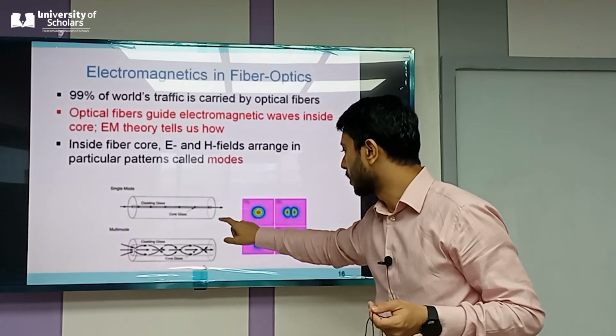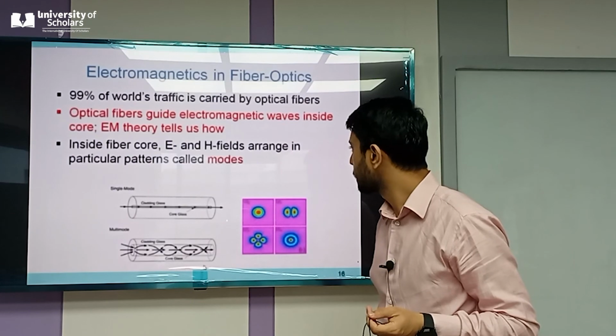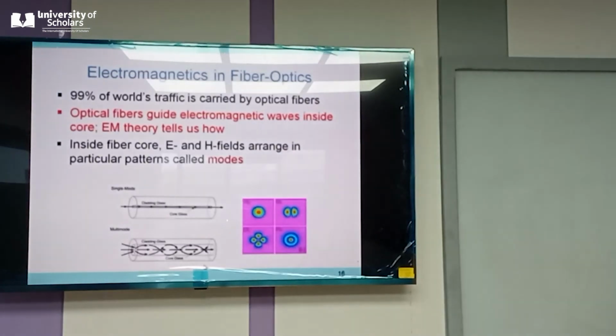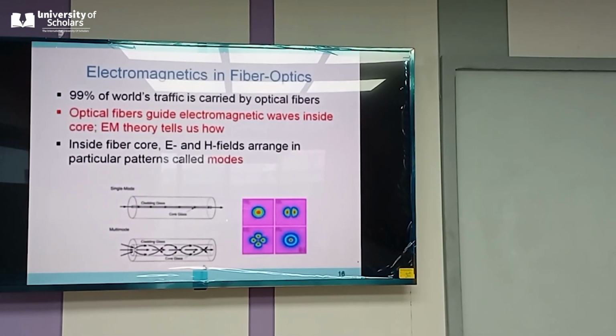Here it is a single mode. And these are the patterns. It looks like that. You do not have to worry about these numbers or subscripts. They are just the different types of light distribution inside the optical fiber. To understand this, one needs to know electromagnetic theory.